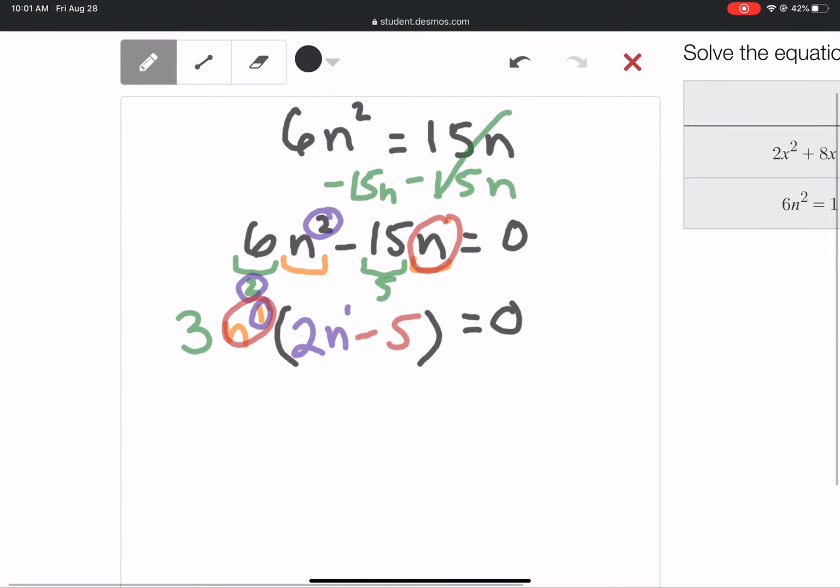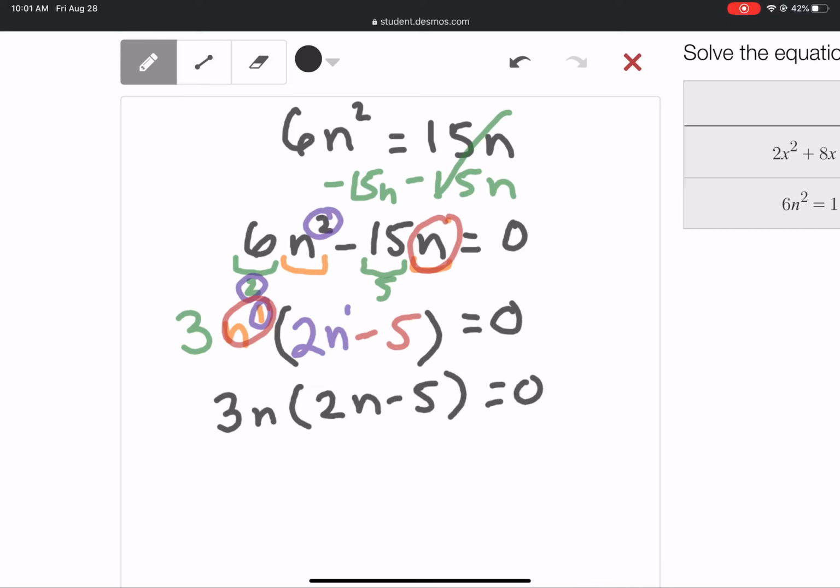All right, so then here's our new equation. I'm going to write it over because I covered that, so it's a little hard to see. All right, this is our new equation now that we've factored out our greatest common monomial factor. I'm going to use the zero product property.